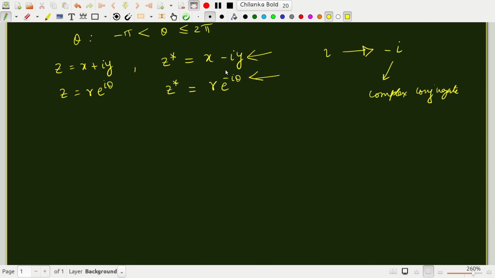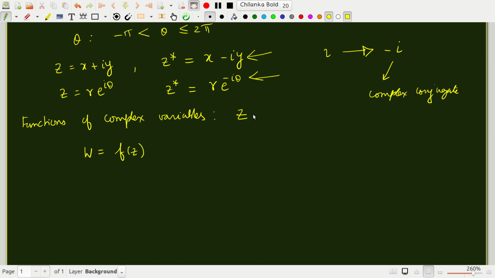Then we also started discussing functions of complex variables. Suppose you think of a complex number z and it's allowed to vary, then it becomes a variable z. So we can think of functions w is f of z.